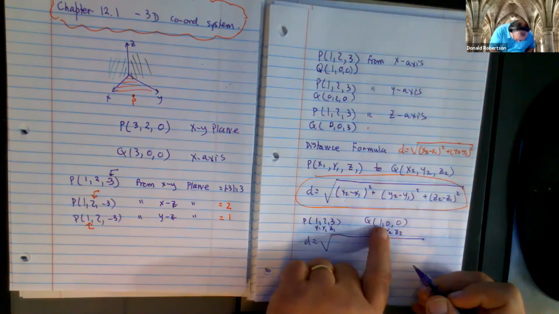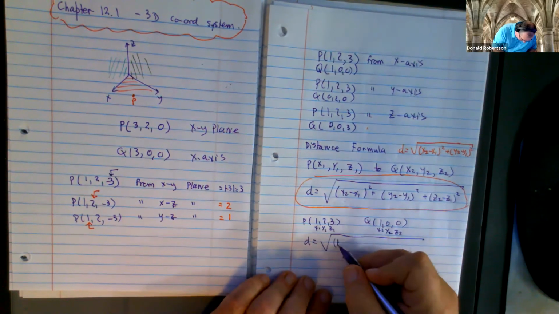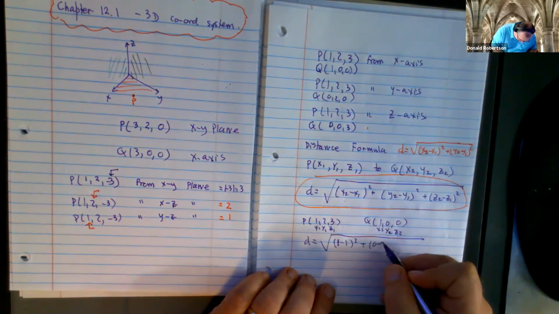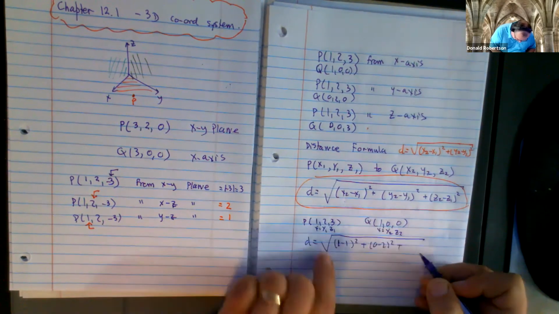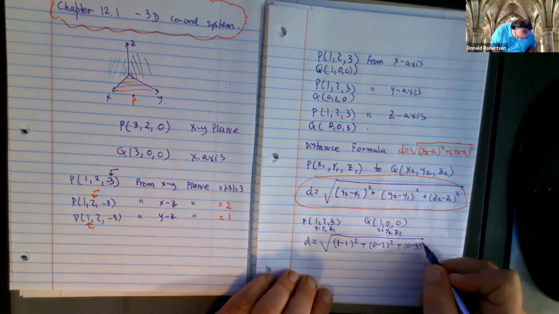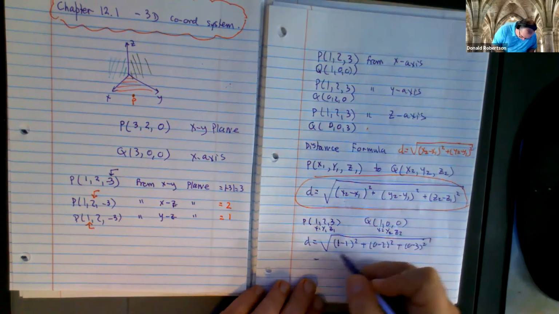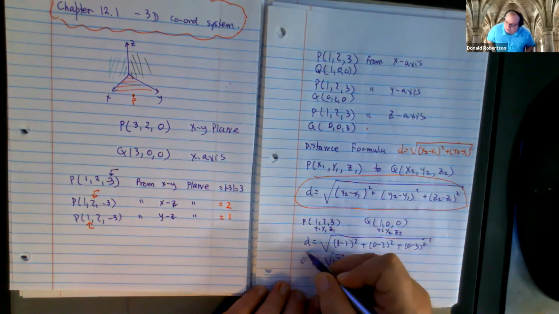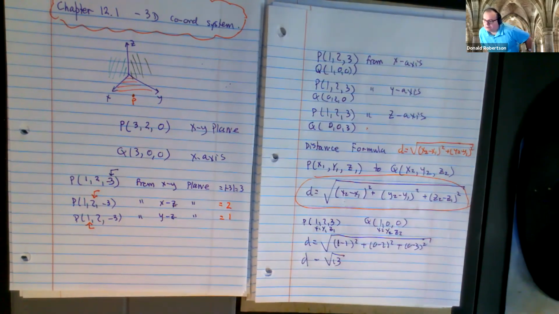You get 1 take away 1 squared plus 0 take away 2 squared plus 0 take away 3 squared. And that gets me nothing squared, 4 and 9. So I get the square root of 13 and leave it alone. We don't want decimals. Hopefully I've added that up right.